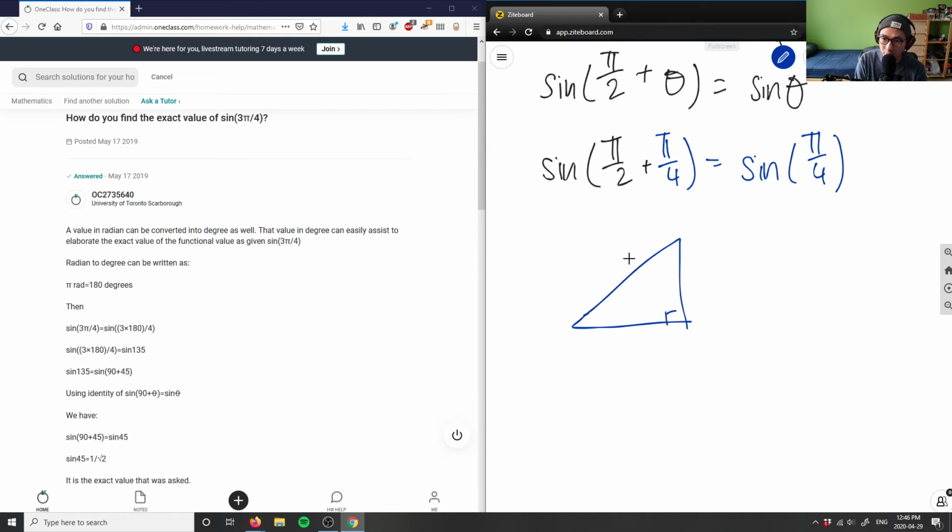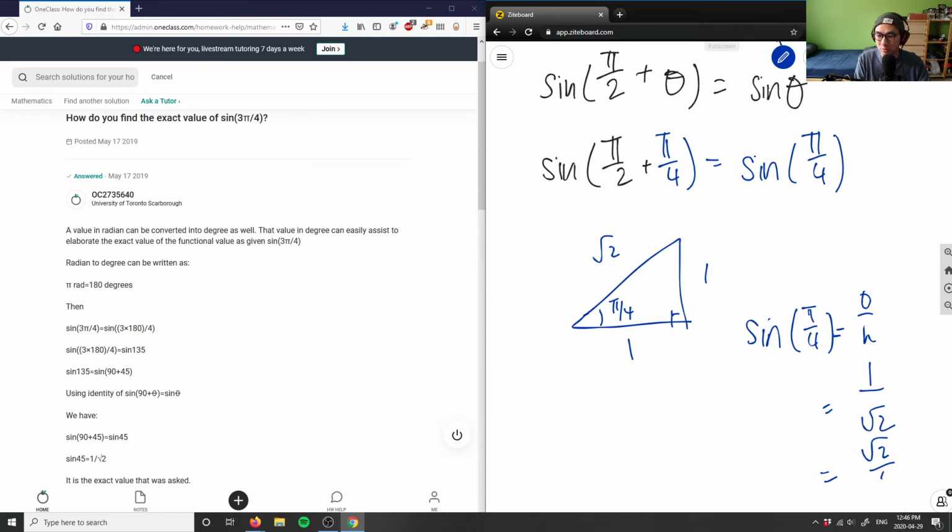So if I have a right triangle here, and this is pi over 4, the sides would be 1, 1, and root 2. Taking the sine of pi over 4, this is opposite over hypotenuse. Opposite is 1, hypotenuse is root 2, therefore this is 1 over root 2.